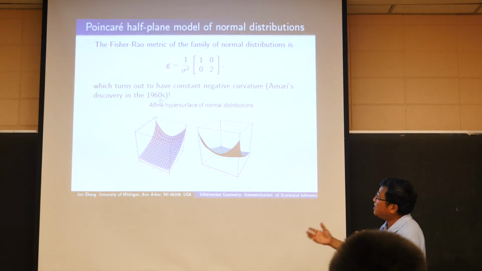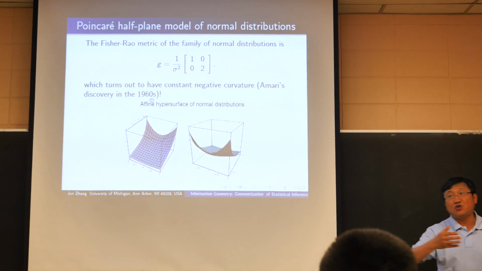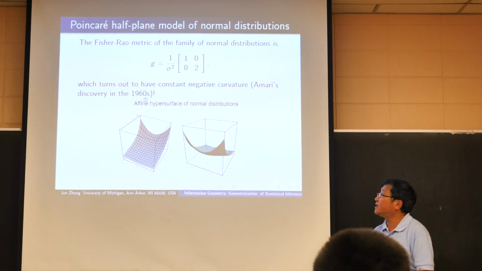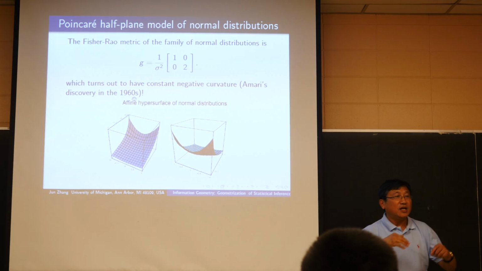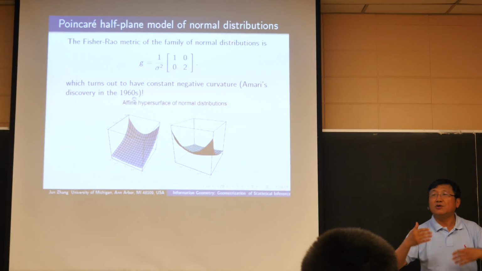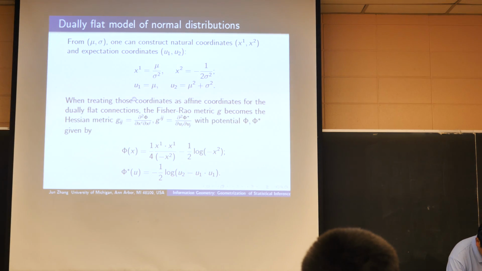So we see a nice correspondence between a statistical object on one hand and a geometric object on the other. This fact was incidentally discovered by Amari in the 1960s, which motivated him, as he said, to investigate this relation between statistics and geometry.